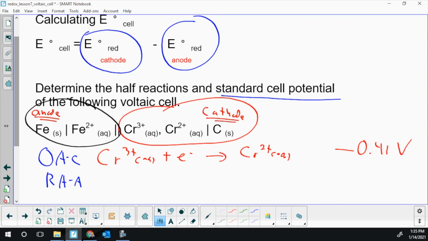So it's iron going backwards. So we've got Fe solid producing Fe 2+ plus 2 electrons. And now I'm going to write its reduction electric potential difference, and that's minus 0.45.